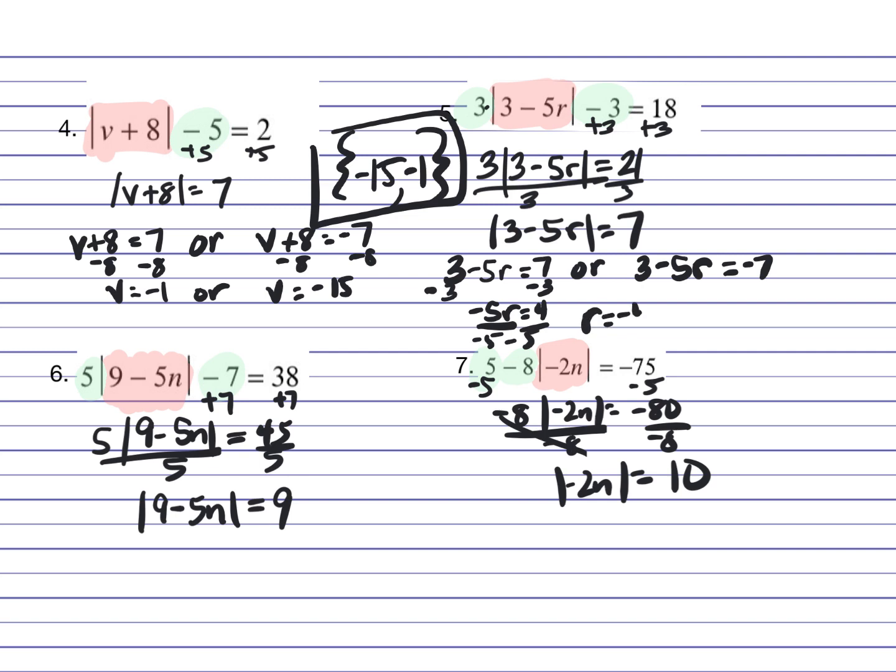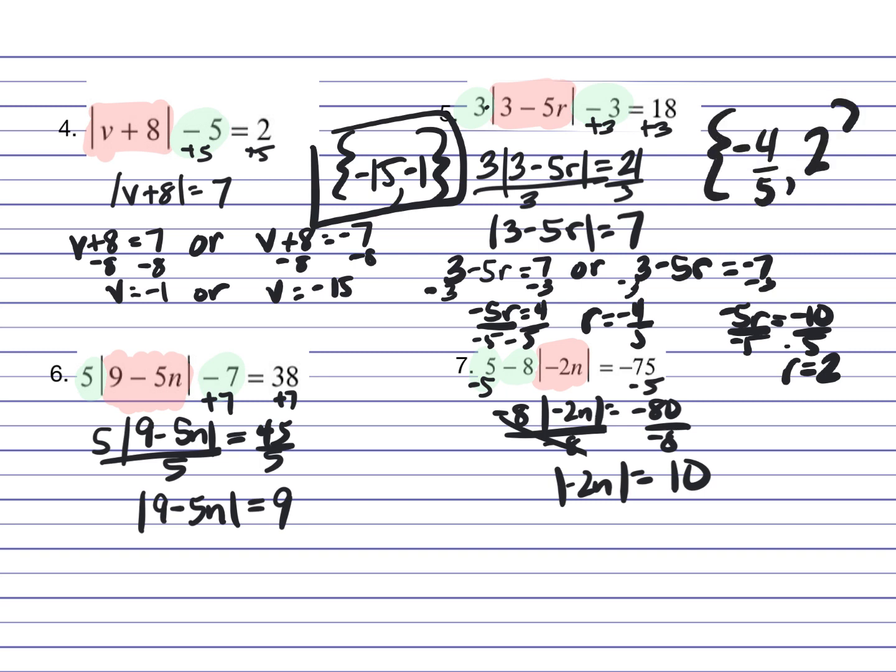R equals negative 4/5. For the second one, subtract 3. Negative 5r equals negative 10. Divide by negative 5. R equals positive 2. So my two solutions are negative 4/5 and positive 2. That's the answer to number 5.